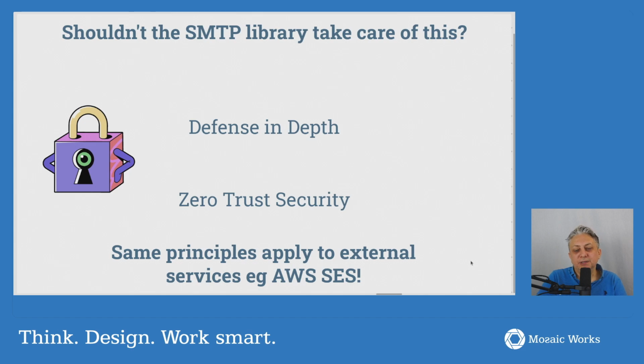The initial principle, defense in depth, so have multiple layers of defense. If the SMTP library takes care of this, great, but it's not bad to actually sanitize or validate the email a second time, because you can block it earlier.